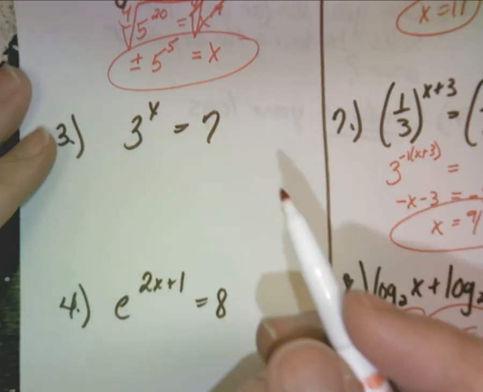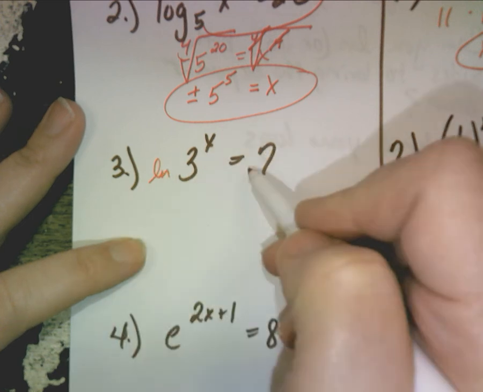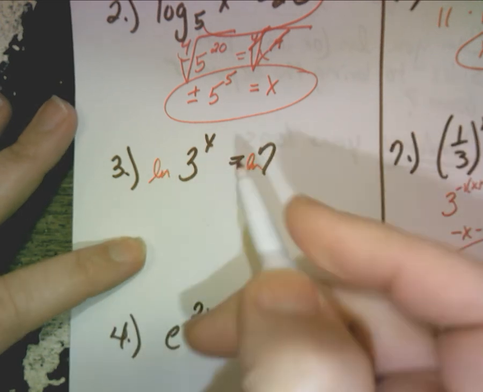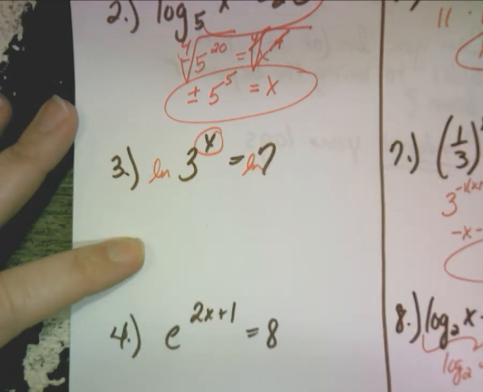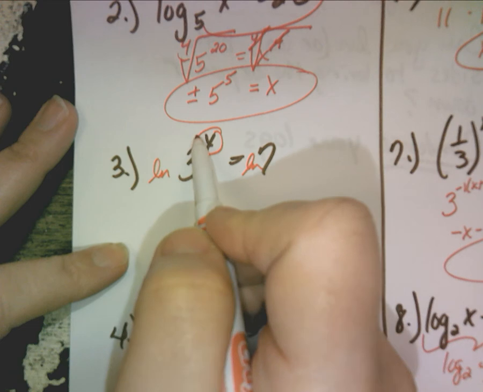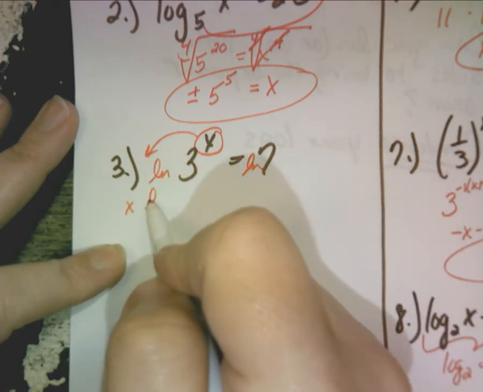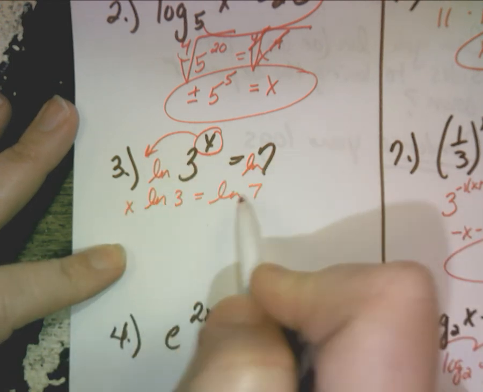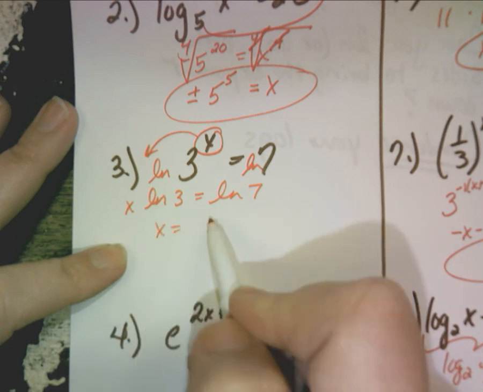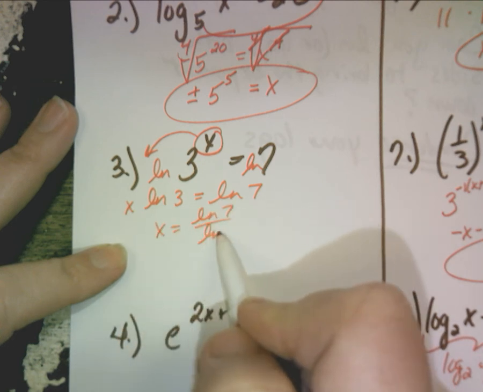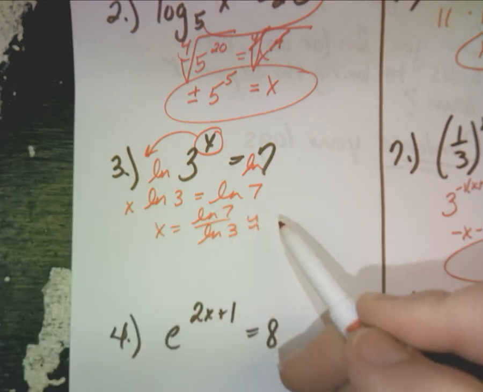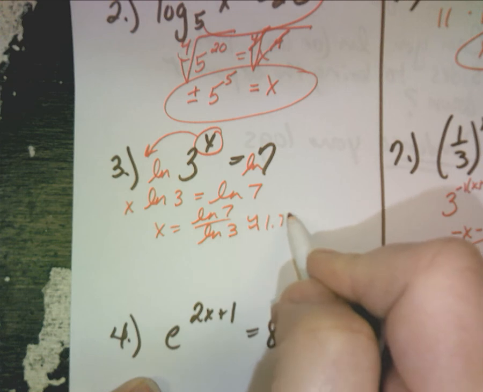I can show you both ways, but I'm tempted to always ln both sides. I guess that's how I always have done it. But I bring the x in front, so x is equal to ln of 7 over ln 3, which is approximately 1.77.